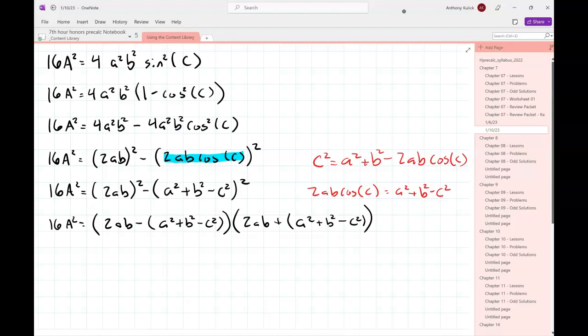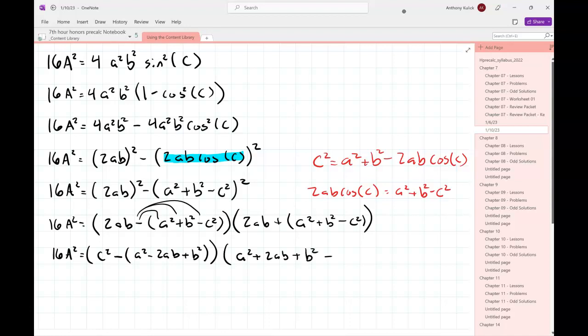I'm going to distribute my negative through this one and then do a little bit of rearranging. So I'll have c squared, and I'll have minus a squared minus 2ab plus b squared. And then I'll do a similar little bit of rearranging in here. And I'll just put a parenthesis here for emphasis.